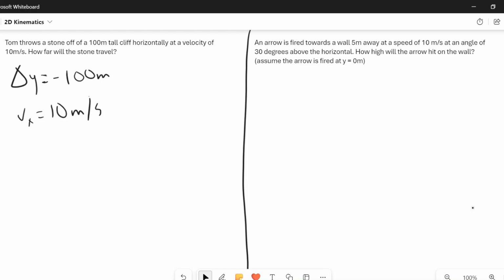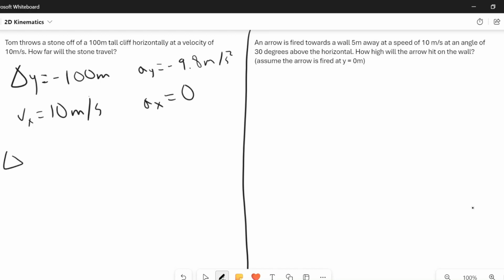We also know that for these projectile problems, the acceleration in the y direction will be negative 9.8 meters per second squared, and the acceleration in the x direction will be 0. So now, we need to first find the time.